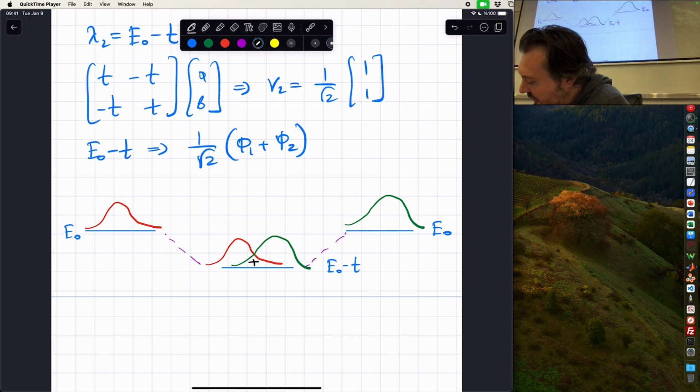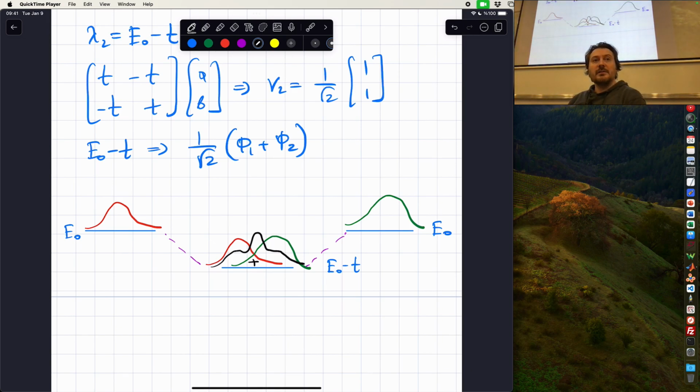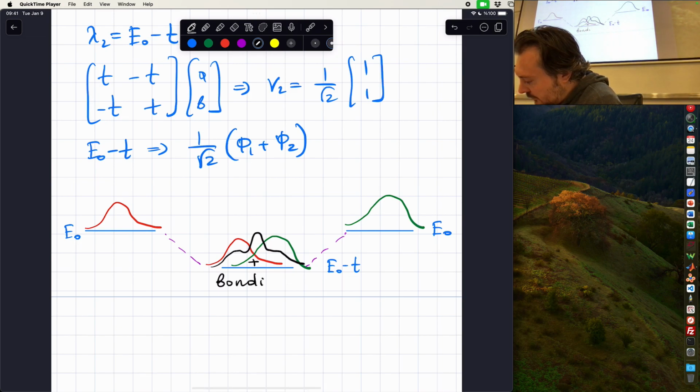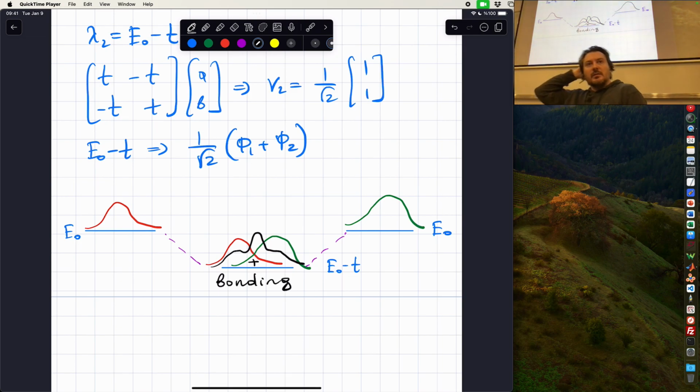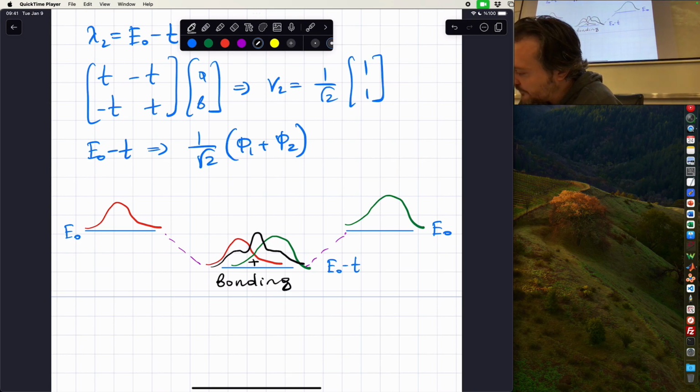So in total, there is an accumulation of density in the middle part, which we call bonding. Right? That's what we talk about when we say that two carbon atoms making a covalent bond are sharing the same electrons. What we are talking about is they are combining their orbitals to form a bond, and that lowers the energy. Okay?